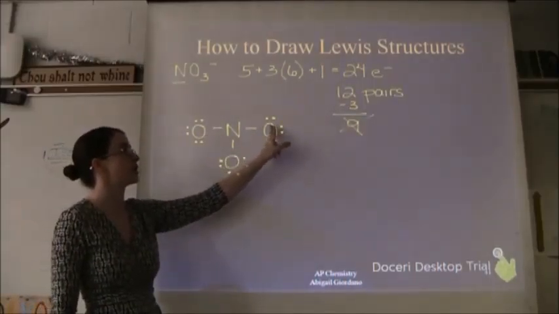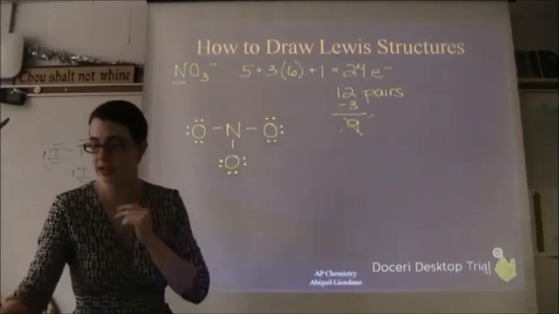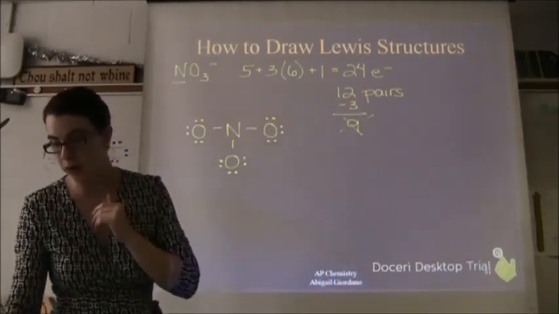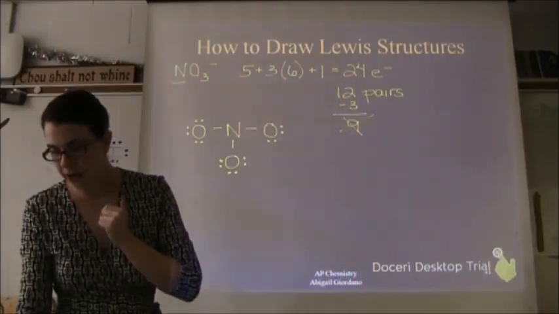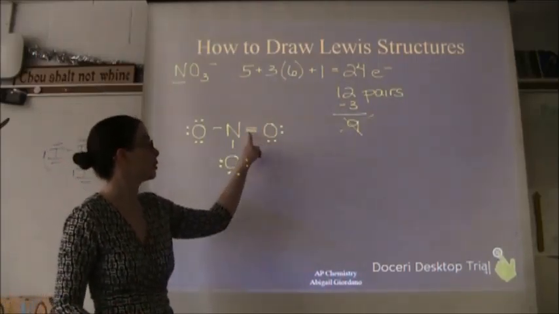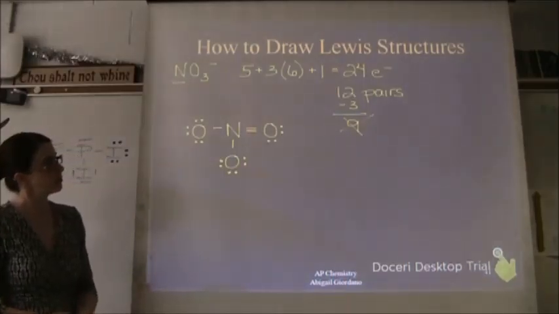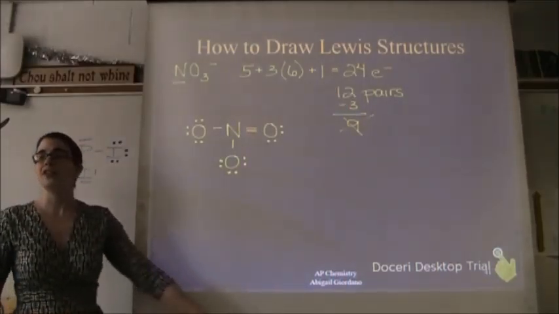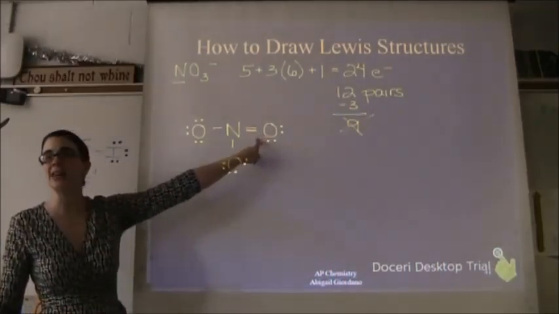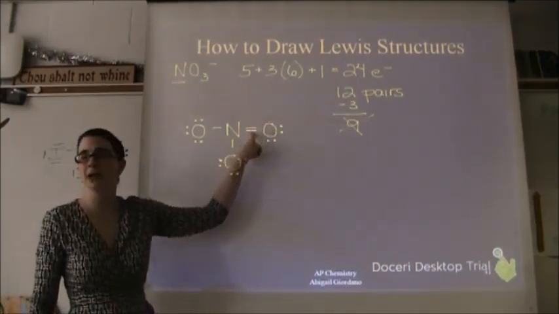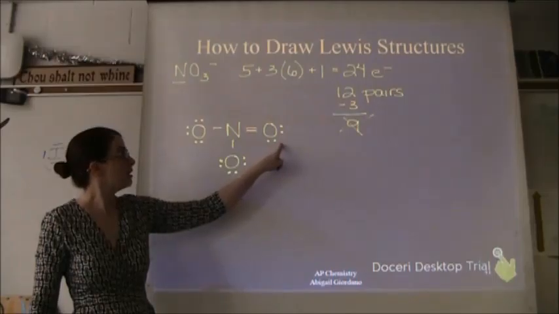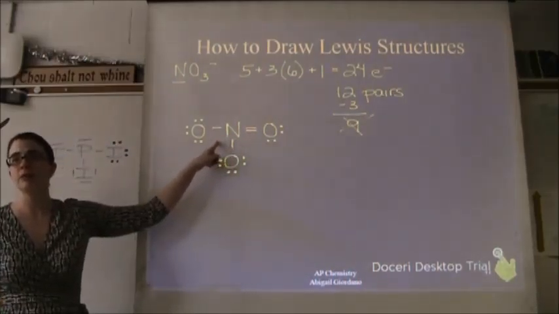I'm just going to choose this oxygen. I'm going to choose this lone pair, which I'm going to erase and turn it into a shared pair. Please understand, did I take anything away from that oxygen? He still has 4 pairs around him, yeah? Is nitrogen happy now?